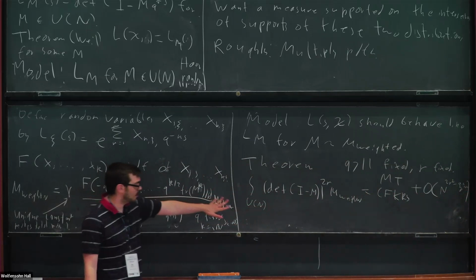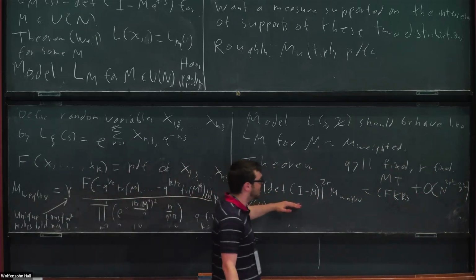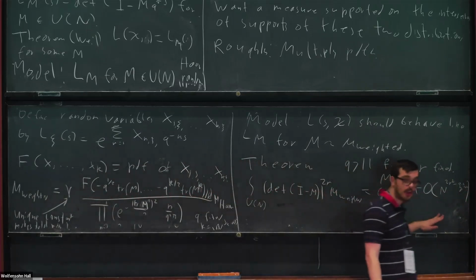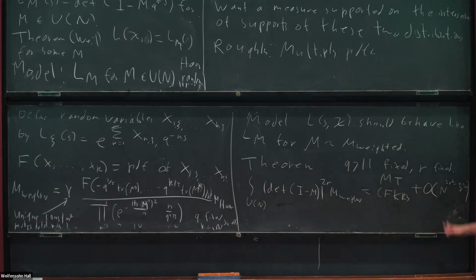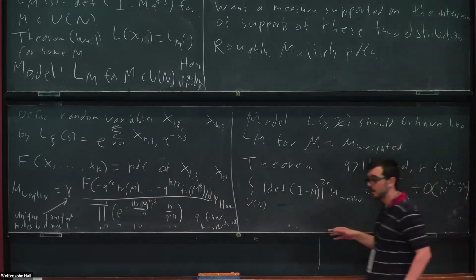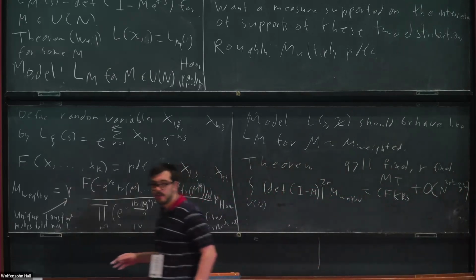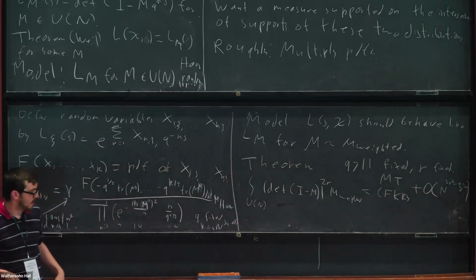But for now, I just want to state it for this one family of L functions, with this kind of large error term, where for q reasonably large, only quadratic in r, it will be little o of 1, and we'll extract the whole moment polynomial. Okay, are there further questions about this statement?